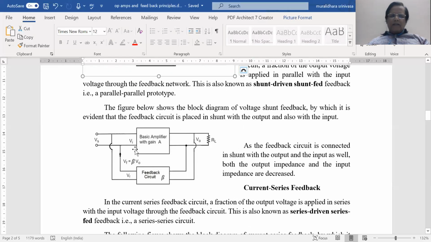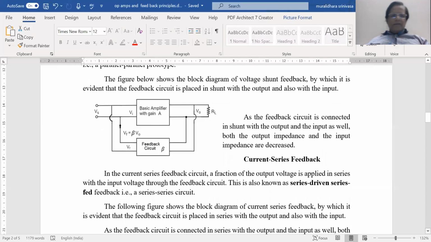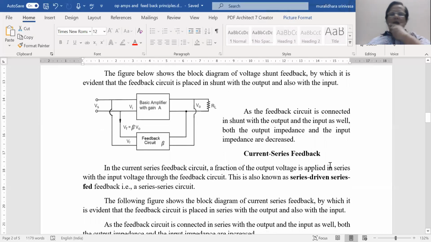So when it's a shunt feedback, what do you expect? The feedback circuit is in parallel with the output, so output impedance reduces. The feedback portion of the voltage is in parallel with the input, therefore input impedance also reduces. So this is the essential feature of voltage shunt feedback.